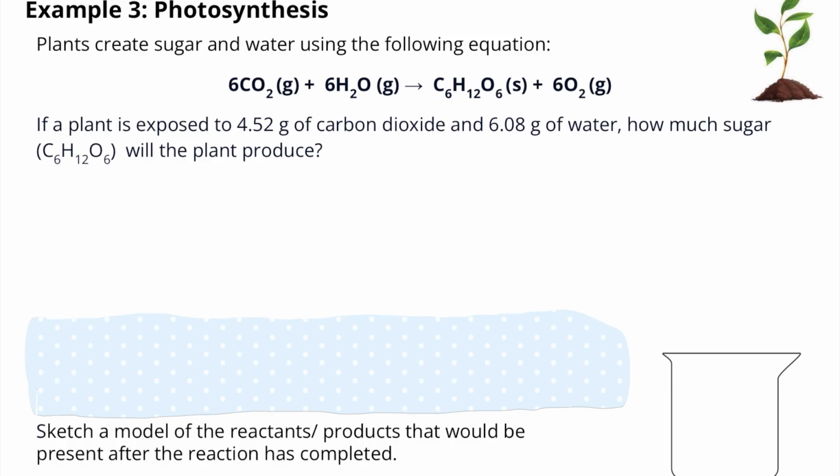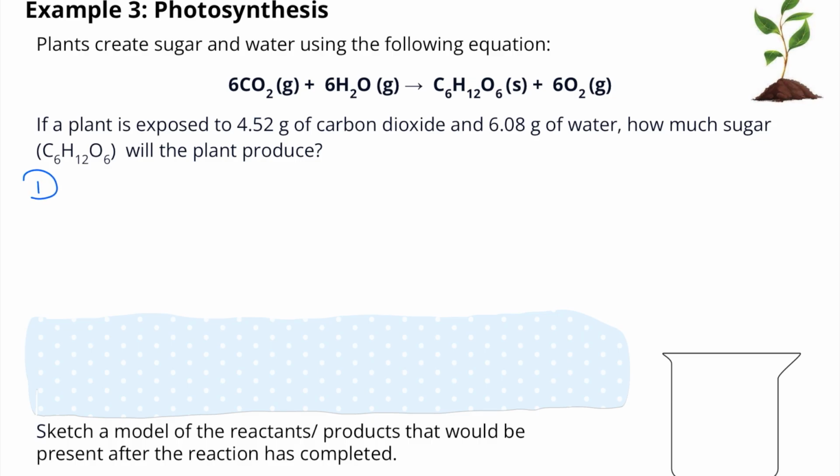All right, let's go through and do this problem following that process for solving for limiting reactants. Plants create sugar and water using the following equation. If a plant is exposed to 4.52 grams of carbon dioxide and 6.08 grams of water, how much sugar will the plant produce? So as we are looking at a limiting reactant problem, we need to break this into two problems from what we are given.